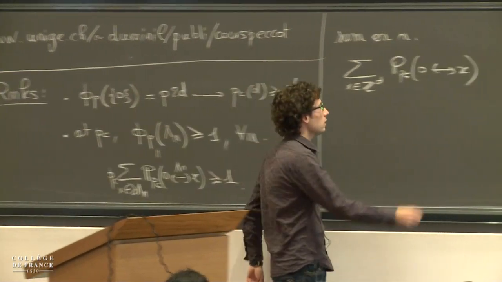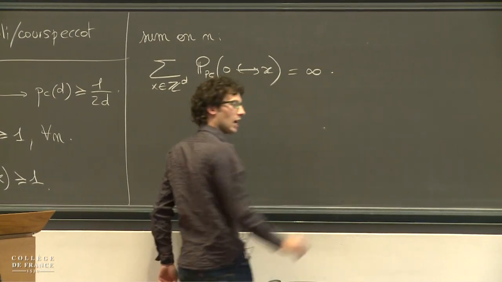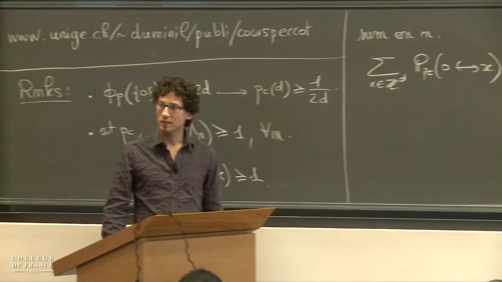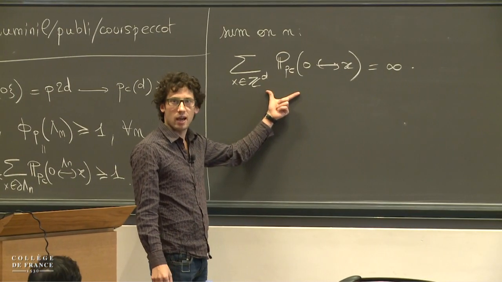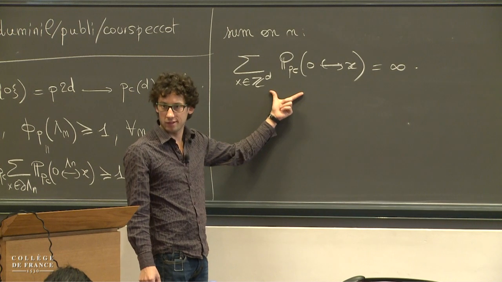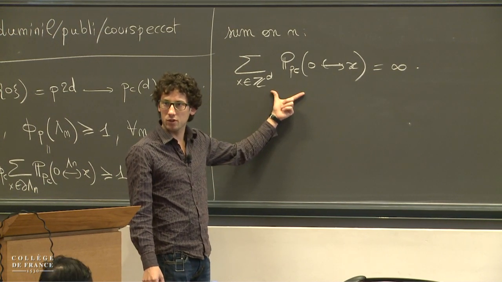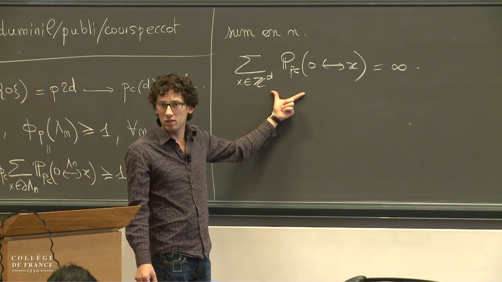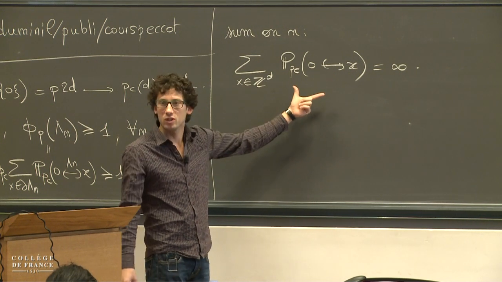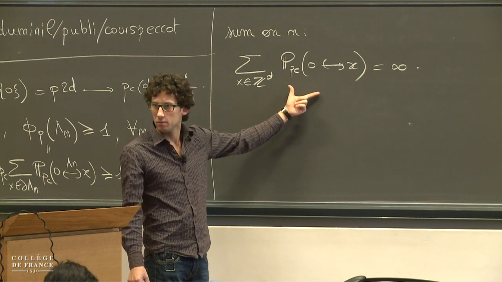So this thing is infinite at pc, right? This is the average size of the cluster at 0. So the expected size of the cluster at 0 at pc is always infinite. In particular, it implies that you cannot have exponential decay at pc, right?